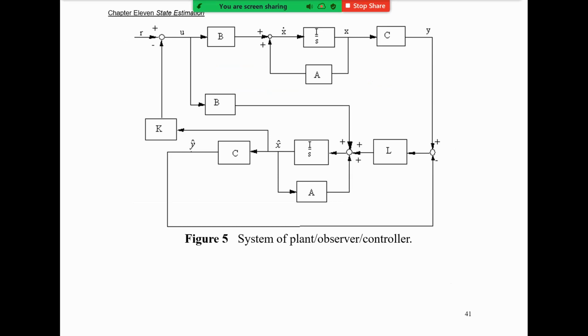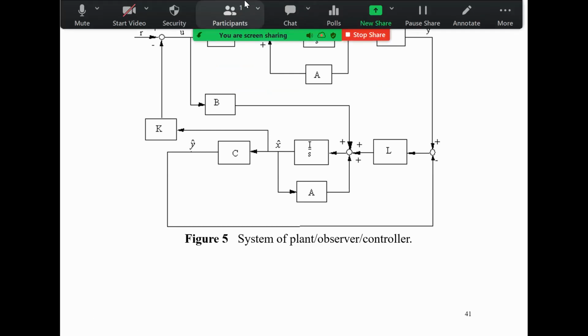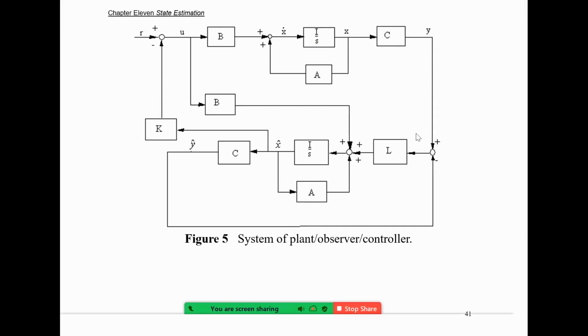So here is the whole block diagram for our system, with the controller and the observer.